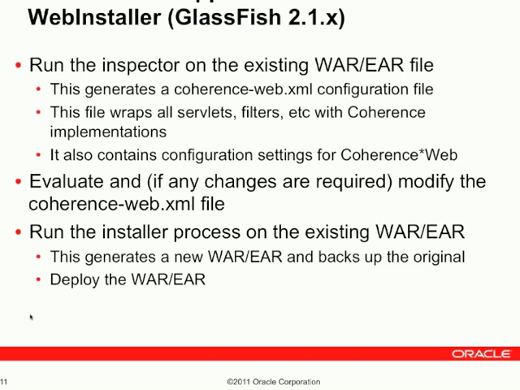It also provides some default configuration settings for Coherence Web and packages them into your WAR or EAR file. This generic J2EE application instrumentation is pretty invasive, so generally speaking we try and shy away from it unless you have to use it on GlassFish Server 2.1. It's actually not supported on 3.1 at all because the generic J2EE application instrumentation, at least as of version 3.7, doesn't support the Servlet 3.0 spec.